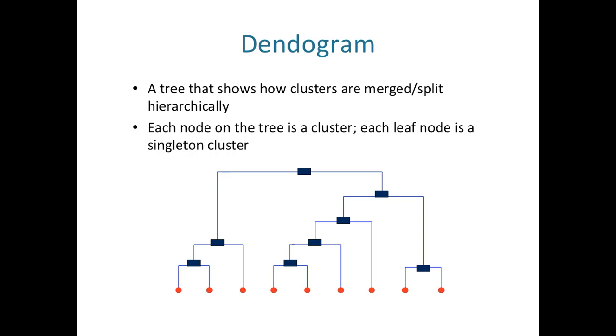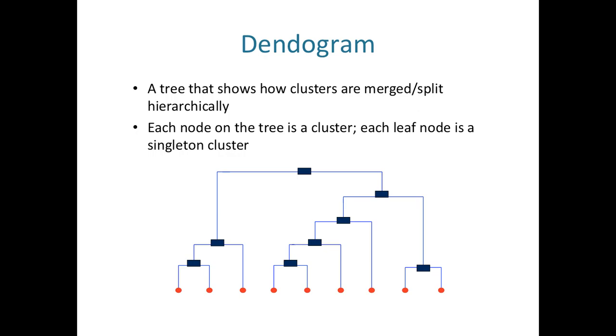dendrograms are really important and useful when we talk about hierarchical clustering, because they show how the different clusters are created, or how the different samples are put together and separated. Each node on the tree is a cluster, and each leaf is a singleton cluster. The red dots that you see there are the individual data points that we have.